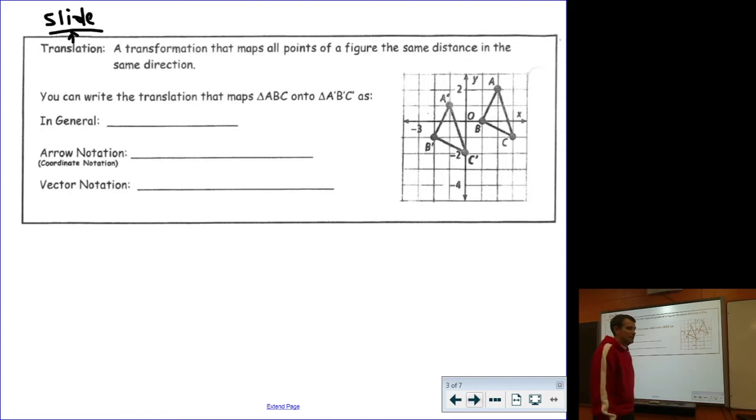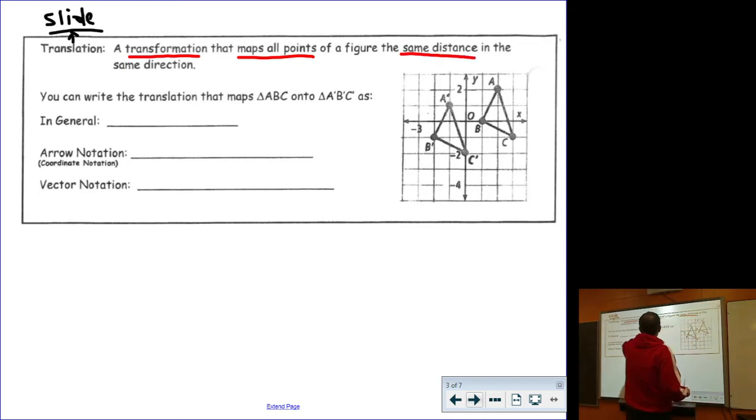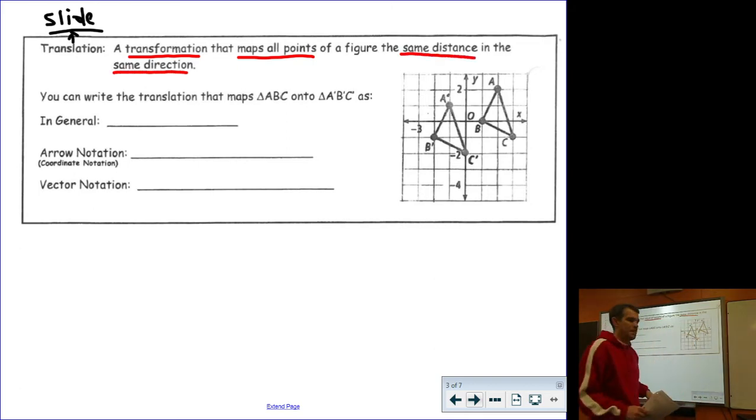And the first thing we want to learn is the notation for how to write a translation. So, a translation is a transformation that maps all points of a figure the same distance and the same direction. And let's look at how to write it. In general, this is what a translation looks like.